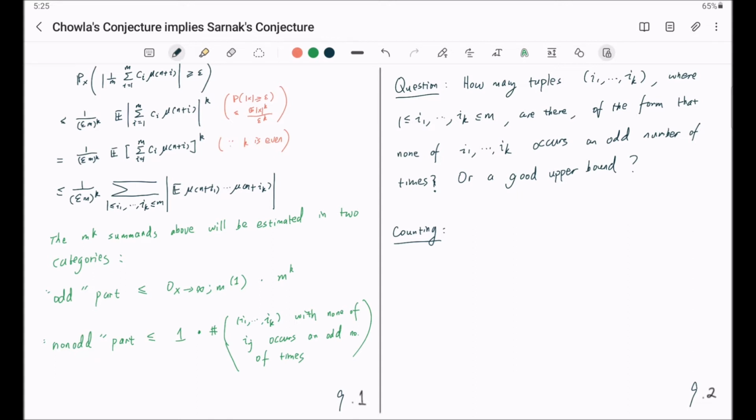The counting is as follows. Read I1 through Ik from left to right. There will be two cases. For each j in 1, 2 through k, Ij is either fresh.